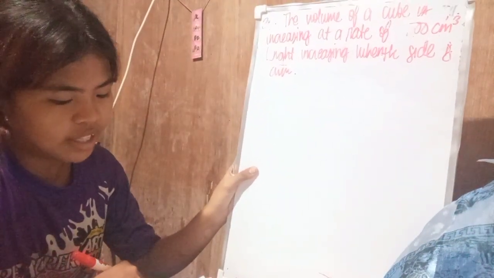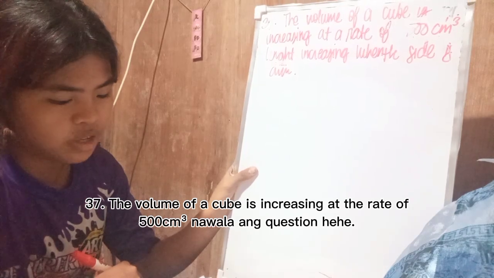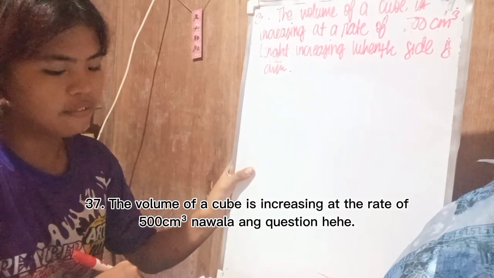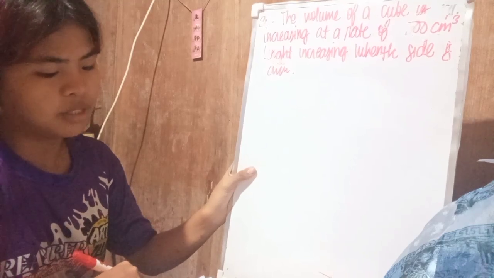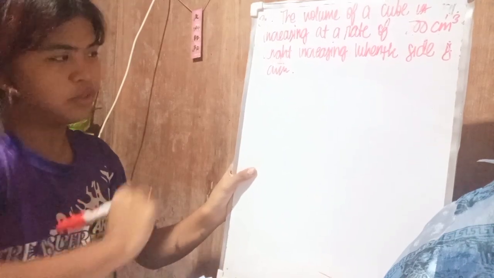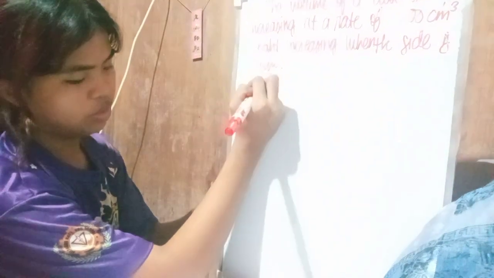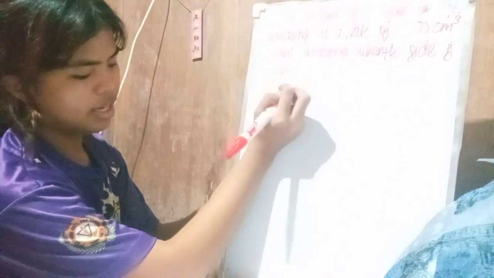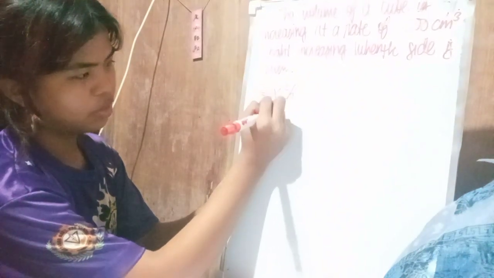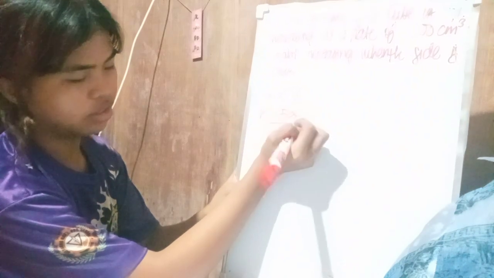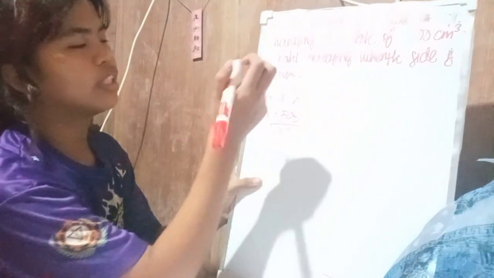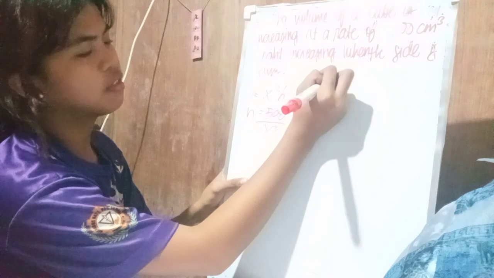A closed rectangular box with a square base is to have a volume of 500 cubic centimeters. Find the dimensions that minimize the surface area. So V is equal to x squared h, and h is equal to 500 over x squared. Now we're looking for the surface area.